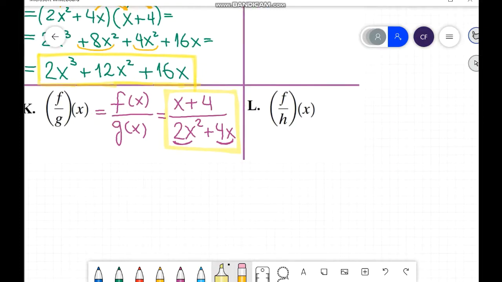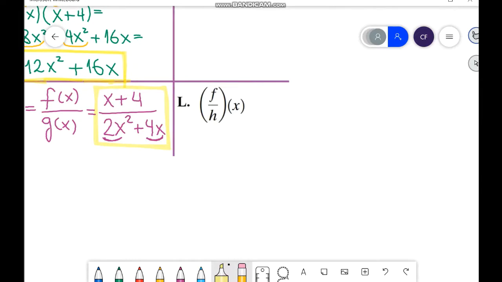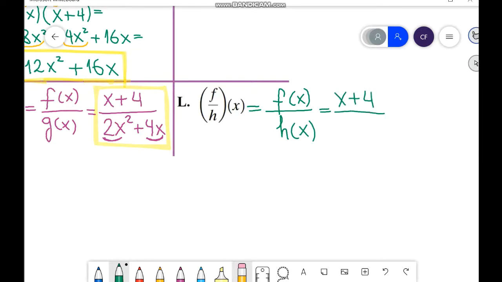And about letter L. F over h of x is equal to f of x over h of x. As I remember, f of x is x plus 4, and h of x is x squared plus 1.